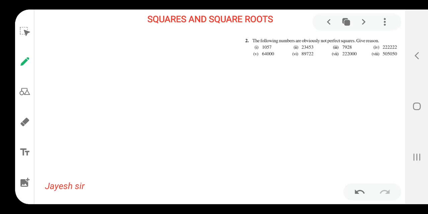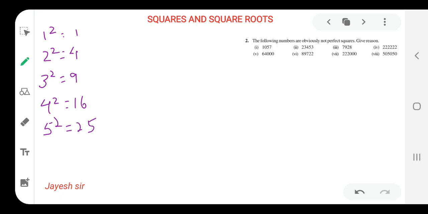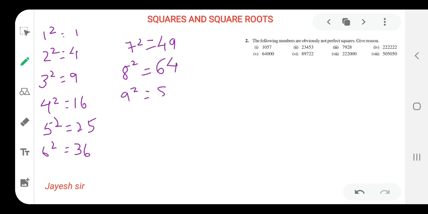Before solving this sum, again we need to write the same thing that we have written in the previous one. 1 square equals 1, 2 square equals 4, 3 square equals 9, 4 square equals 16, 5 square equals 25, 6 square equals 36, 7 square equals 49, 8 square equals 64, 9 square equals 81, and 10 square equals 100.